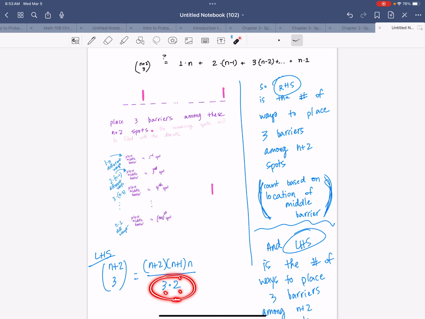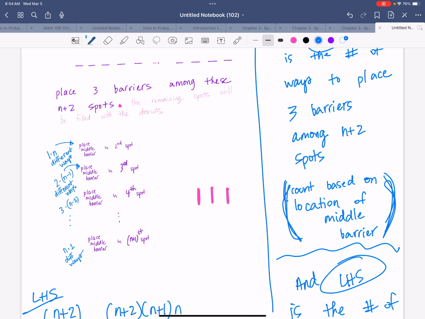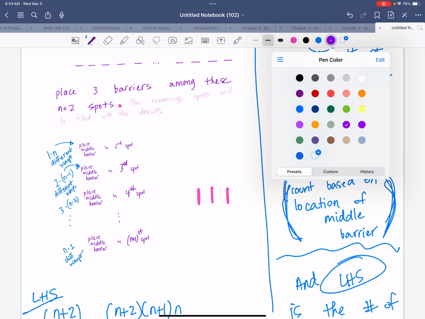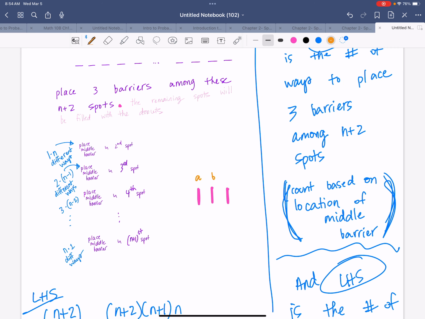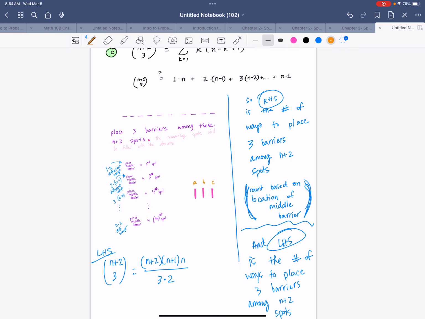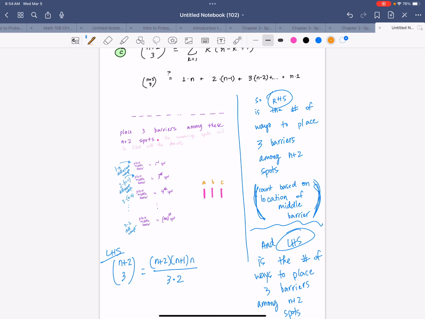Divide by 3 times 2 because there's actually no distinguishing among the 3 barriers. So say instead of calling these barriers just 3 sticks, imagine if we called them A, B, and C. Now, I've got n plus 2 different ways to put A, and then B, and then C, right?